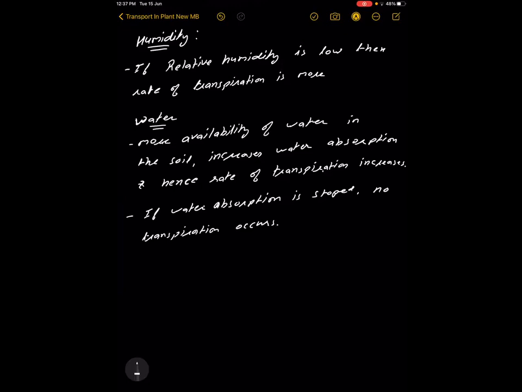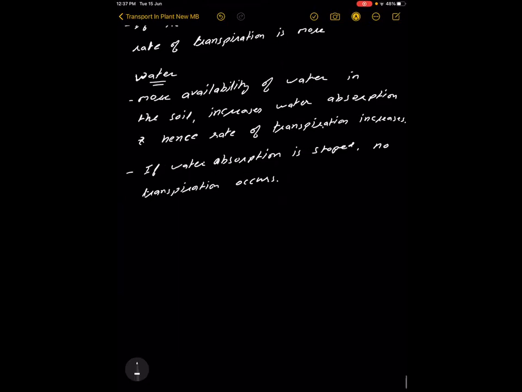So these are some factors related to the rate of transpiration.